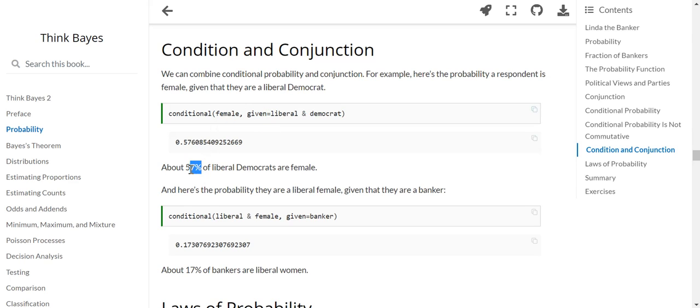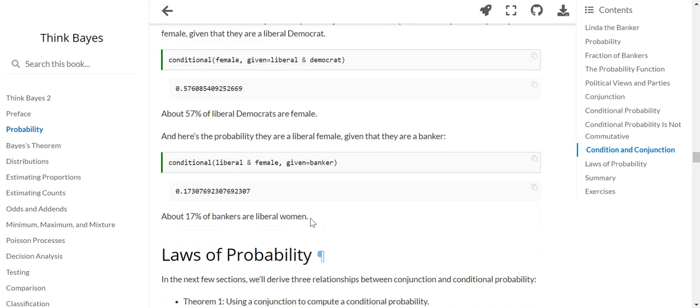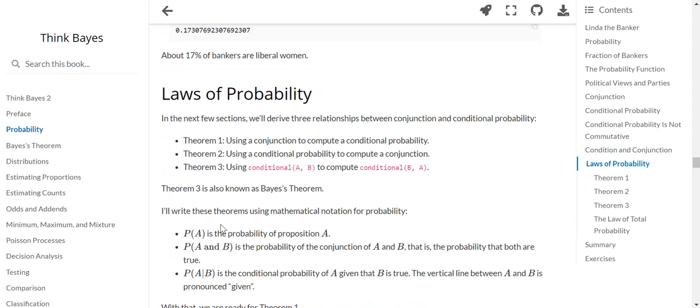That gave you a value of 57%. So 57% of liberal Democrats are female. But here's the opposite thing. You were given a banker and you wanted to find out how many bankers are liberal and female.